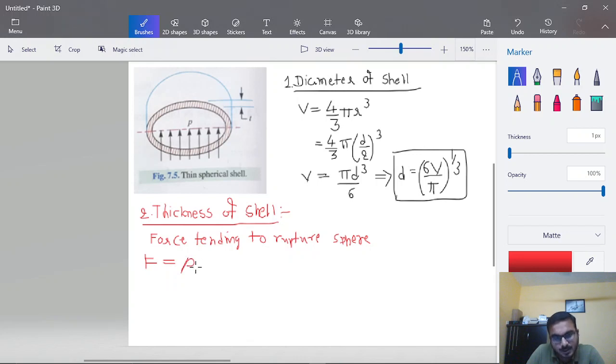So p into area, which will be pi by 4 d square.